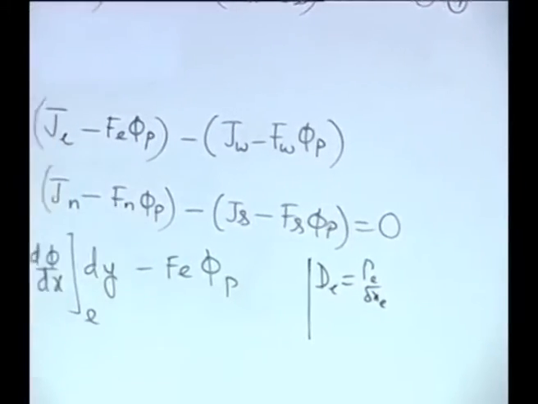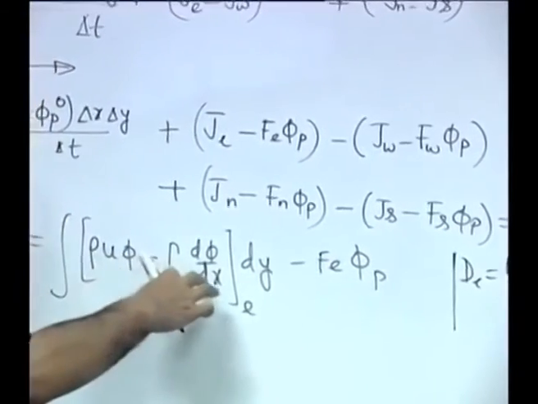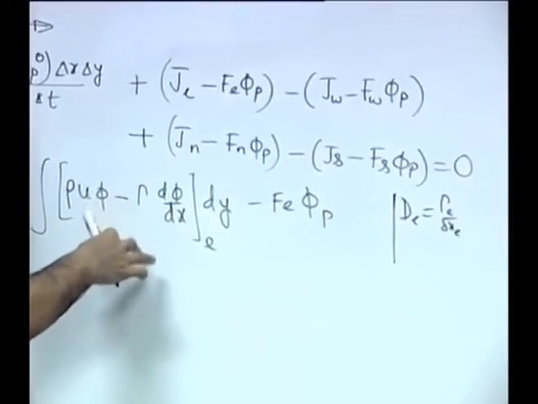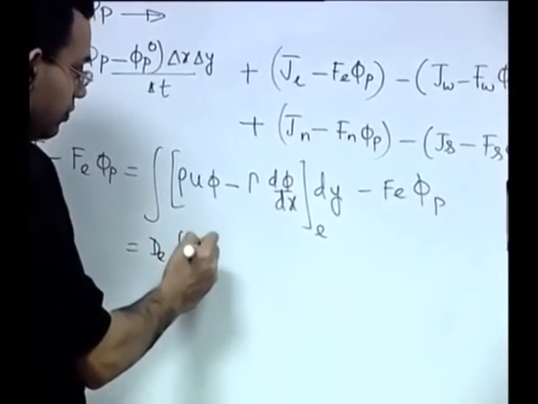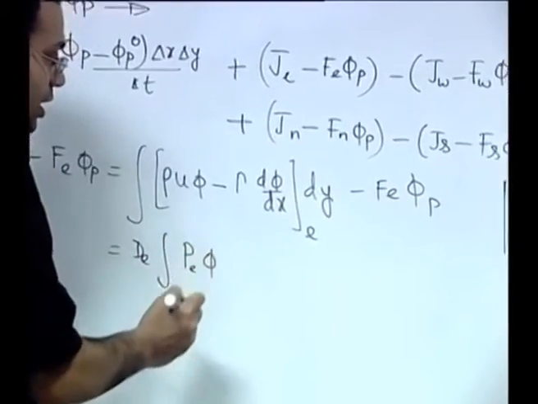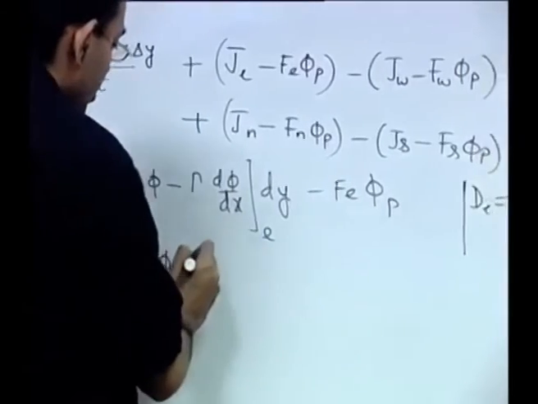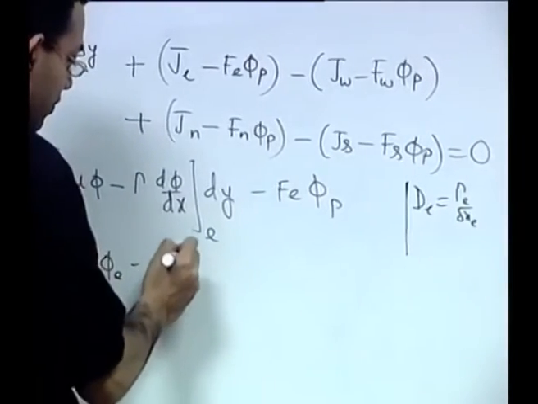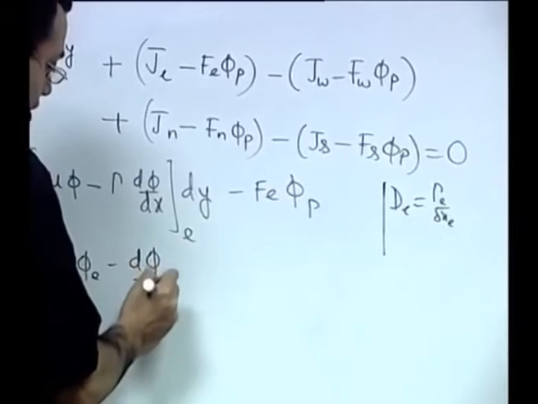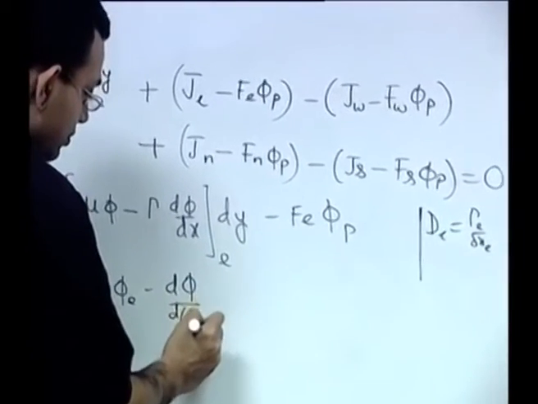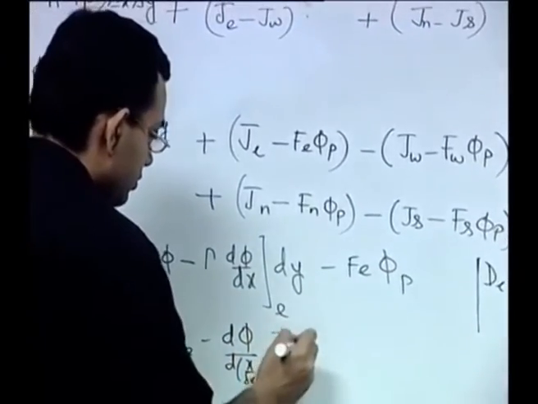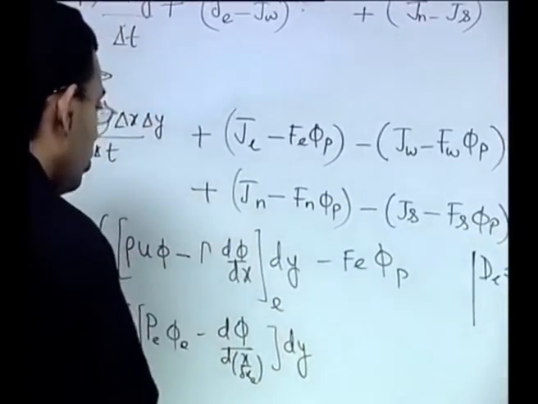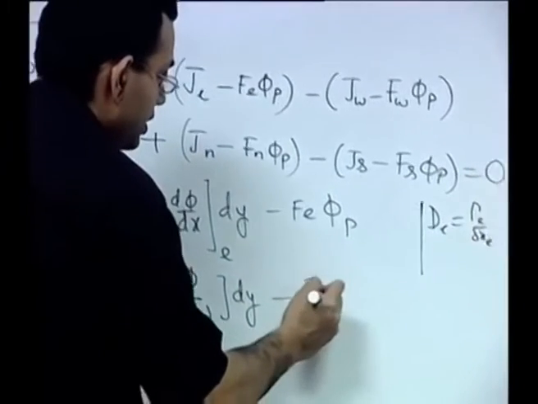If you divide both of these terms by dE and multiply by dE, it will be dE integral of Pe phi e minus d phi dx by delta xe dy minus Fe phi p.